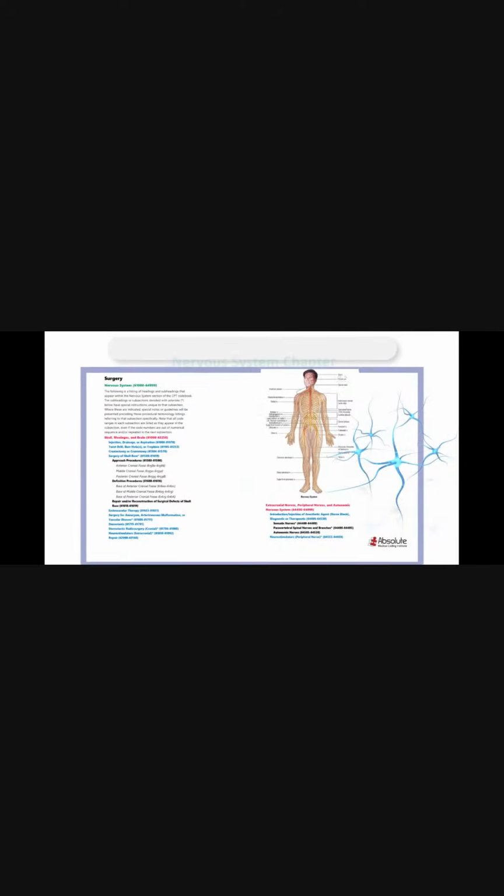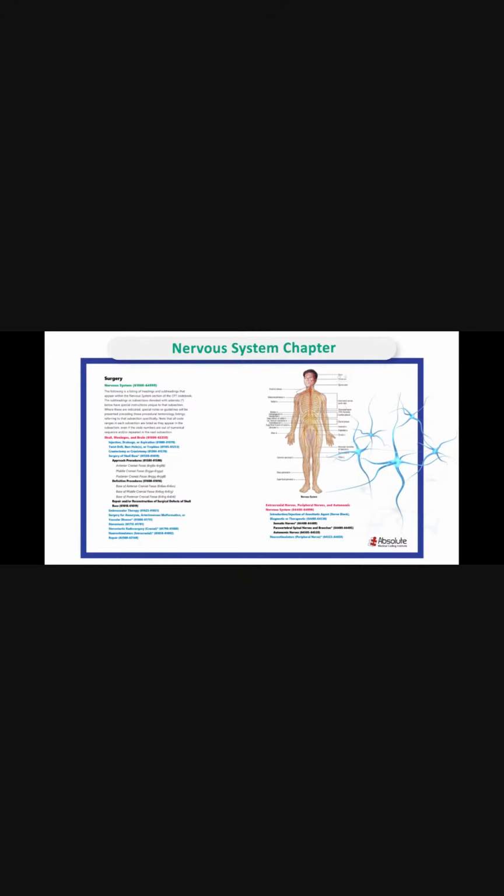So as I said in the beginning, we are going to review the nerve blocks, the facet joint, and the epidural injection coding in today's session. Topics which we will be reviewing today can be found under your nervous system chapter. To be specific, you will find them under the extracranial nerves, peripheral nerves, and autonomic nervous system header.